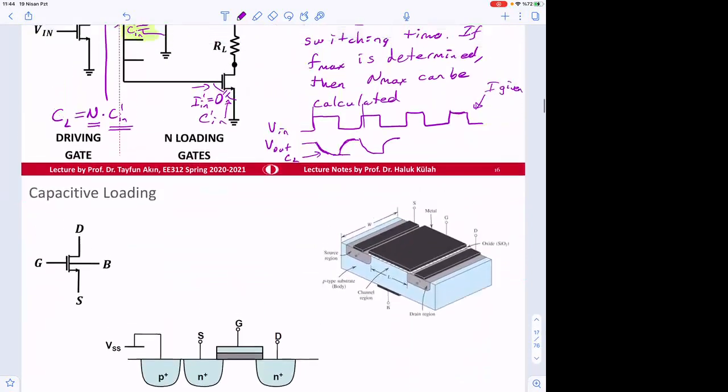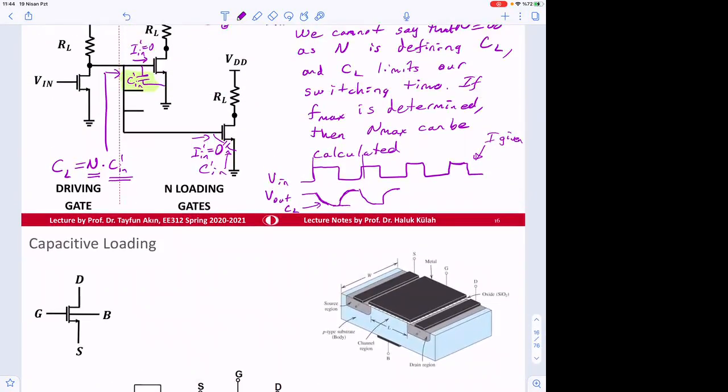But we said that due to the input capacitance, we have a limit. We cannot just connect an infinite number of gates at the output, because it's going to increase the capacitance, and if the capacitance increases, the operation frequency is not going to be that high.